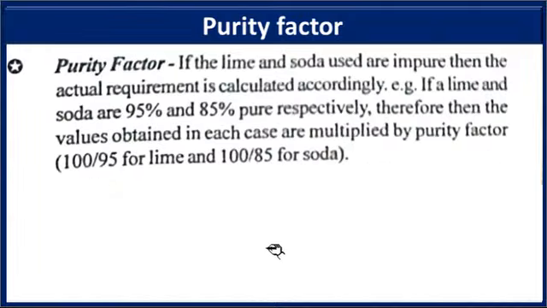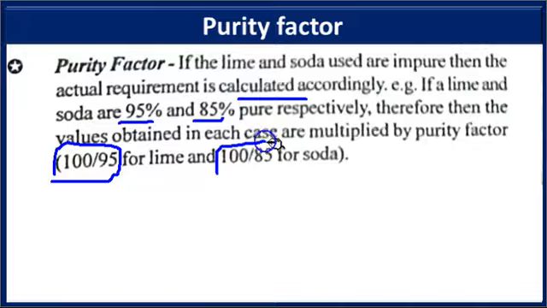Now, what is this purity factor? If the lime and soda used are impure, then the actual requirement of lime and soda is calculated according to their purity. For example, if the lime and soda are 95 and 85% pure respectively, then the values obtained in each case are multiplied by the purity factor. For lime, 100 by 95, for soda, 100 by 85. So whenever the purity of lime and soda is given in the question, we have to multiply the total lime or soda requirement by its purity factor.